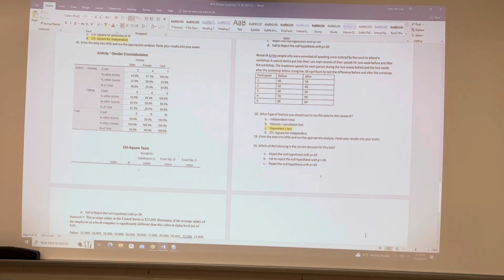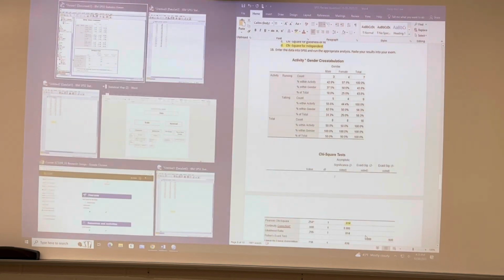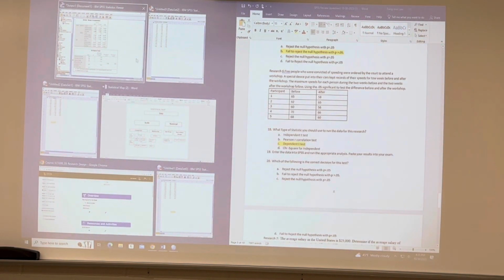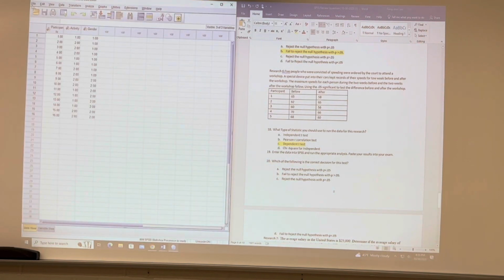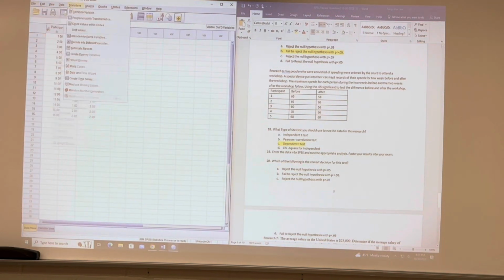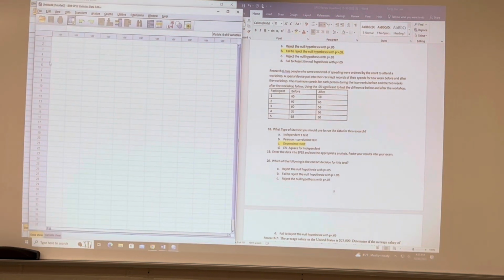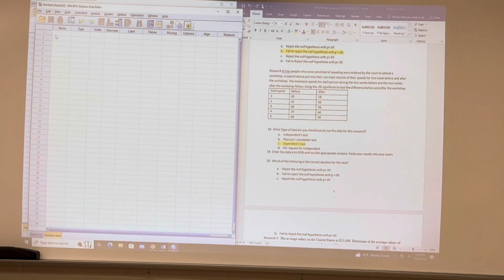Okay, so let's prepare our data. We better open the new data. So go to variable view, participants. Okay, and open nominal.